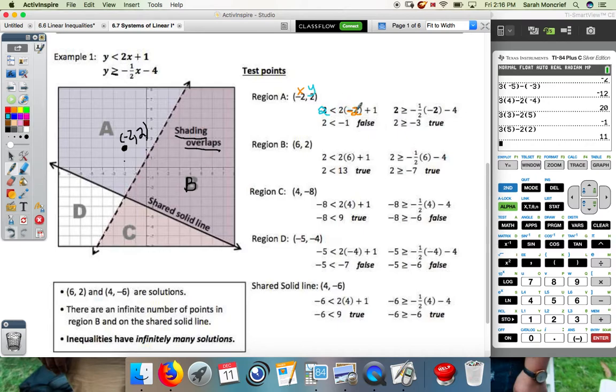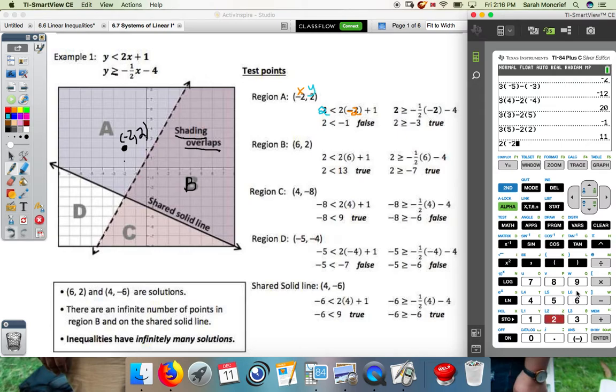So now it's 2 times negative 2. What's 2 times negative 2? Negative 4 plus 1. So we have 2 times negative 2 plus 1.